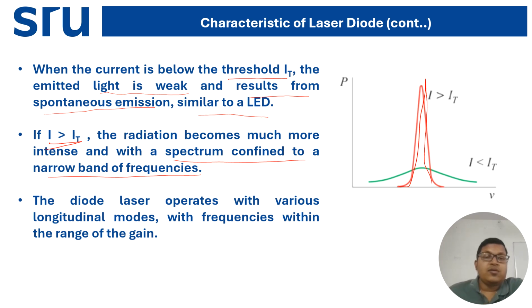The diode laser operates with various longitudinal modes with frequencies within the range of the radio. So it has various frequencies, and we can see peaks at different harmonics, first order, second order, as far as frequency is concerned.